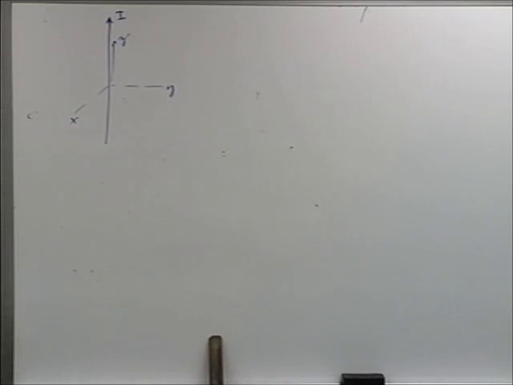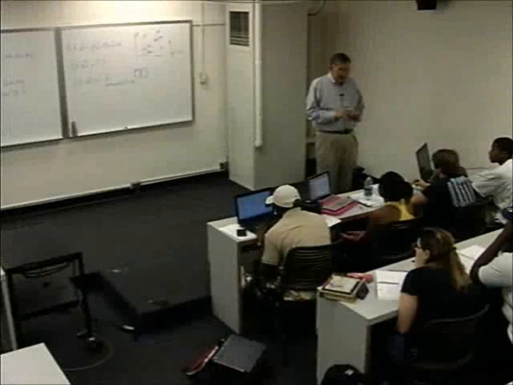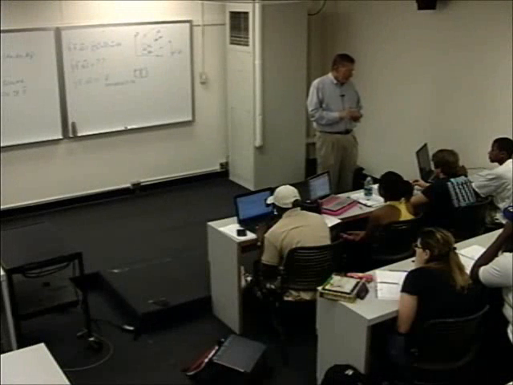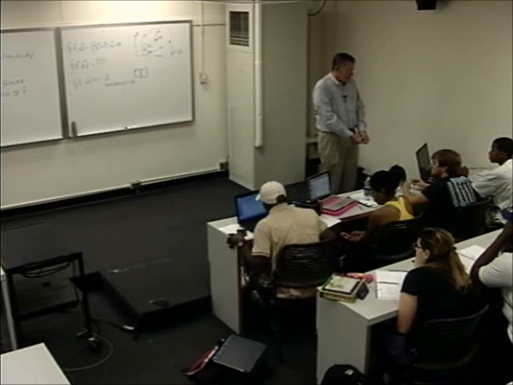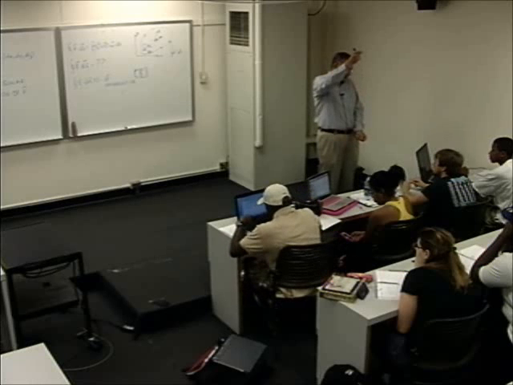Cylindrical symmetry. Okay, is there going to be any variation of the field with Z? It's an infinite line of current. If you go to one position in Z, are you going to see the same field if you go up on it? Yeah, because it's infinite.